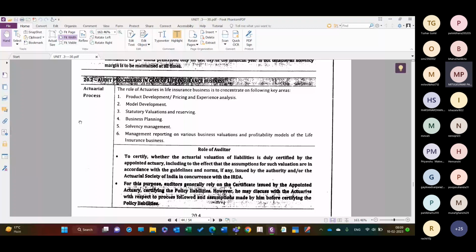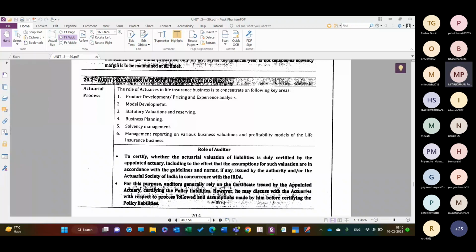So if you look at the role of actuaries in the life insurance business, it is to concentrate on the following key areas. These are all key areas which will impact product development. What are the features of the insurance policy?